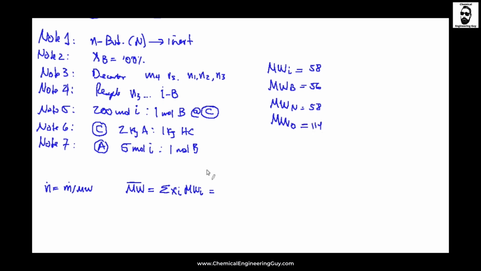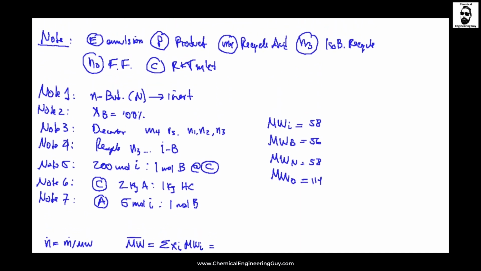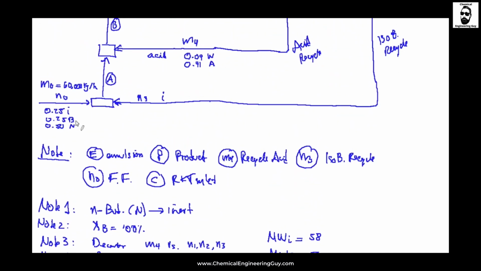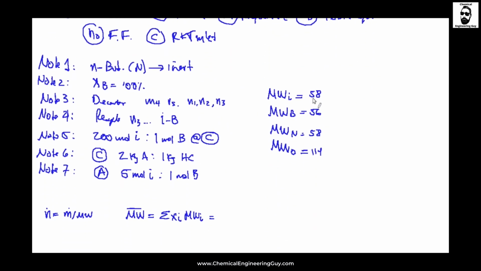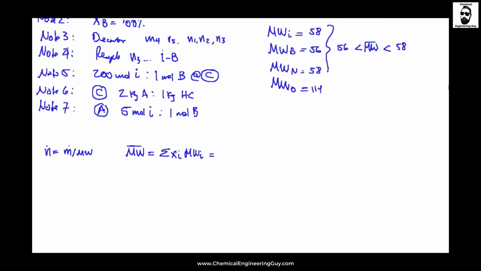So as you can see, let me go up. We have only isobutane, butylene, and n-butane, so please expect an average molecular weight between 56 and 58. If you have something else, you did something wrong in the math. So let's start.